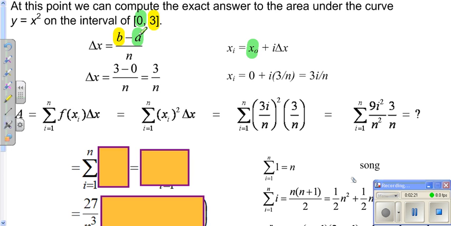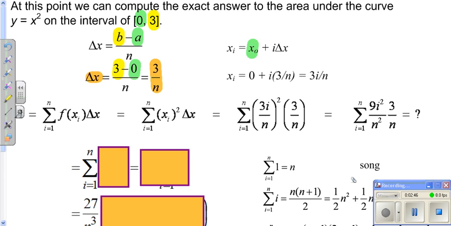So we're going to use this first formula to help us figure out our formula for delta x. So 0 is your a, 3 is your b. You simplify the top and you end up getting your formula. So delta x is given to you by this formula.